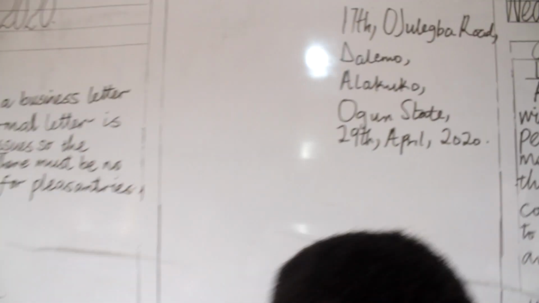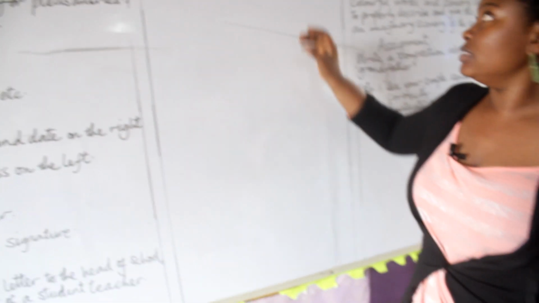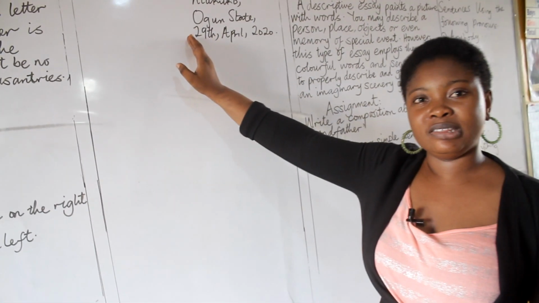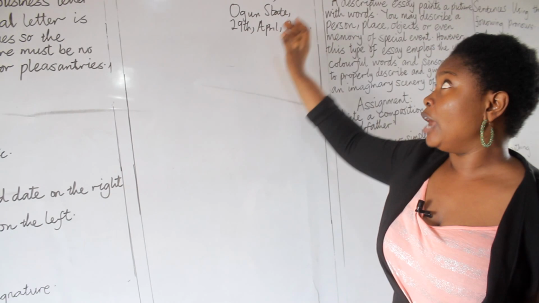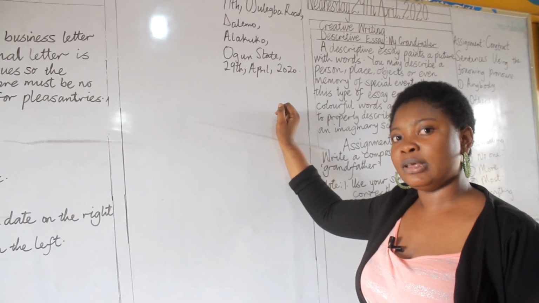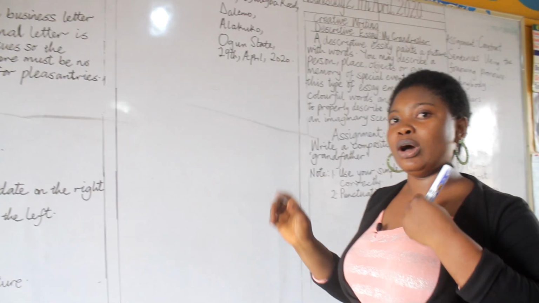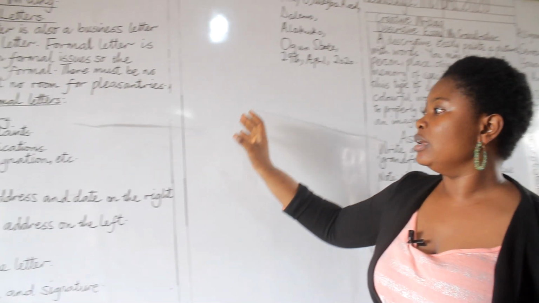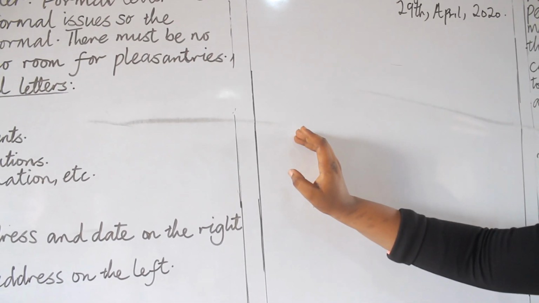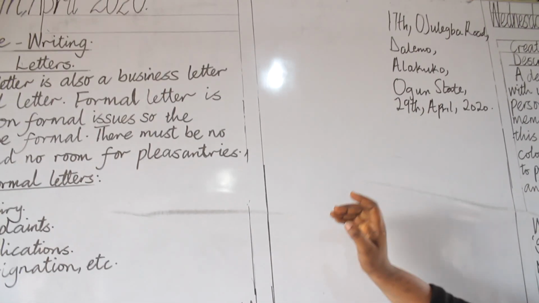That is your address. It has to be on a straight line while you are writing it. You need to take note of this, and your punctuation marks are very, very important while writing your letter. Now you move on to the second address, which has to be on the left-hand side. That is the receiver's address.